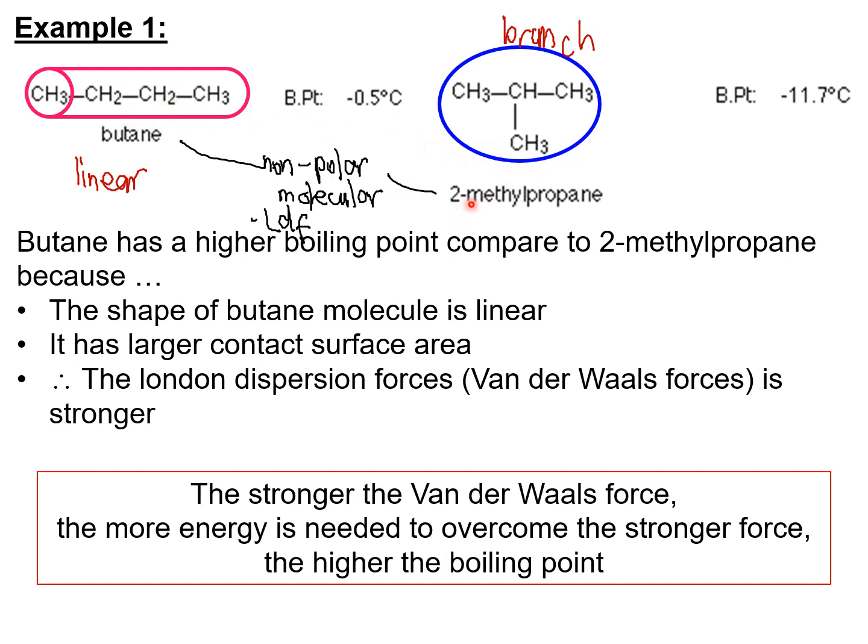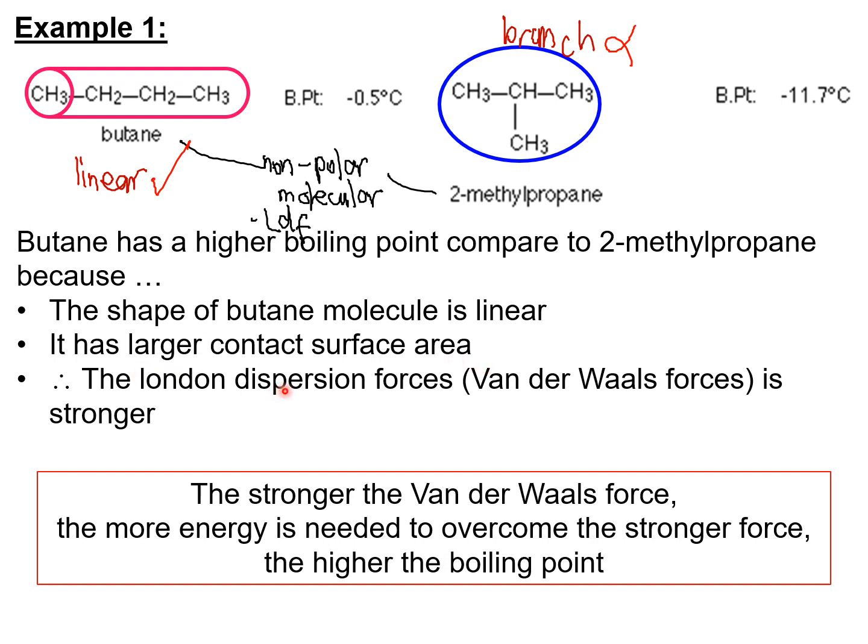And also kalau you nak tahu, kalau let's say organic molecule tu dia ada number kat depan, that means dia akan ada branch. Okay. So tadi kita dah tengok kalau molecular shape ni dia prefer linear daripada branch kan. Because kalau linear molecule, dia akan ada larger contact surface area.